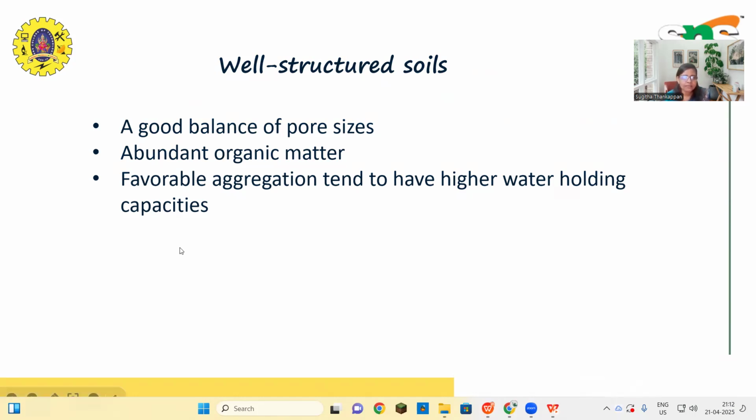If a soil has a good balance of pore sizes, if it is abundant in organic matter with favorable aggregation, the water holding capacity of this soil is higher. Once the water holding capacity is higher, you can reduce the frequency of irrigation, and thereby you can reduce the quantity of water required for irrigation.